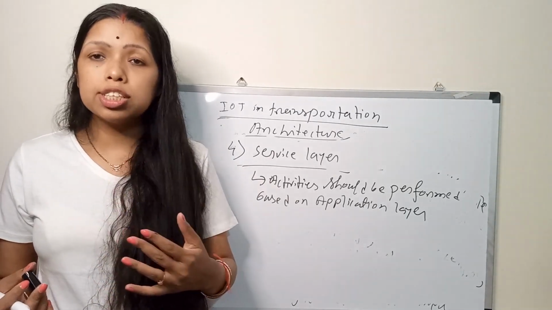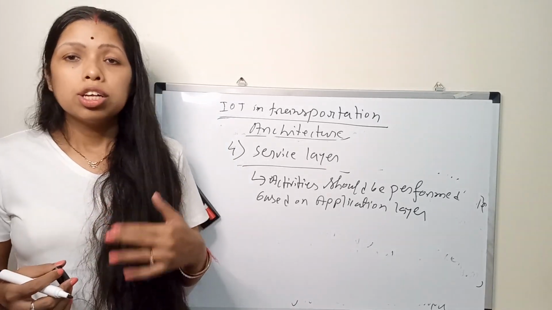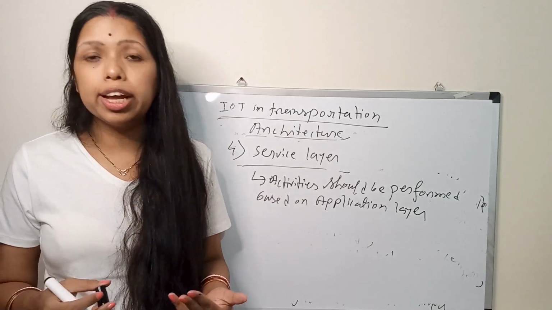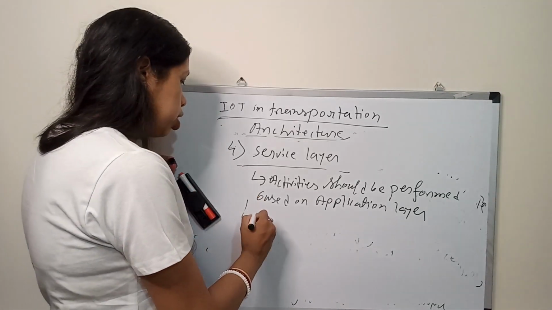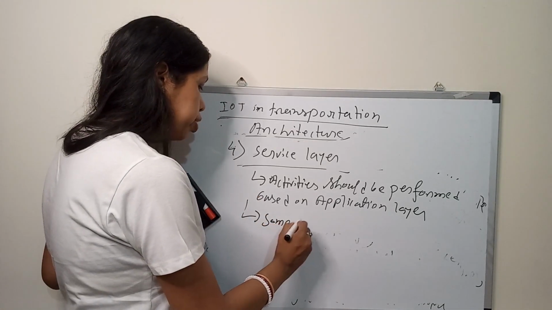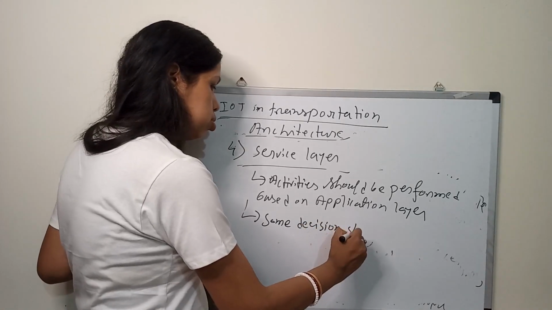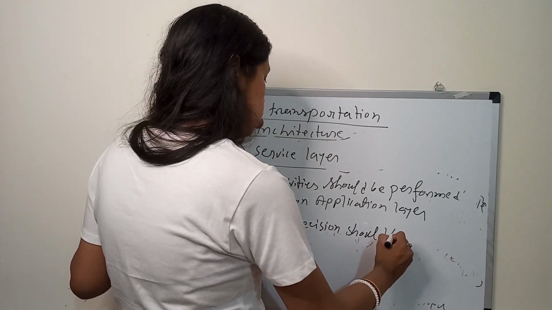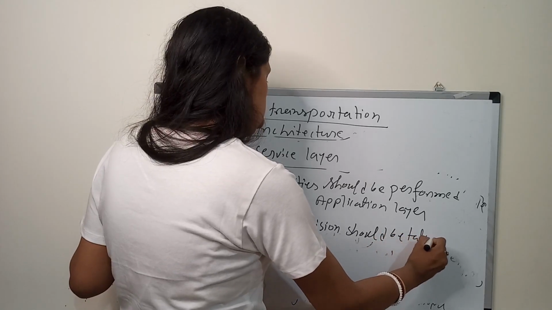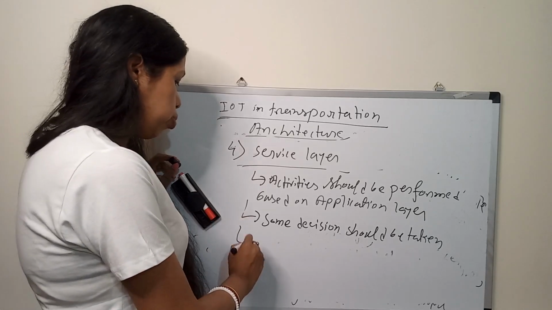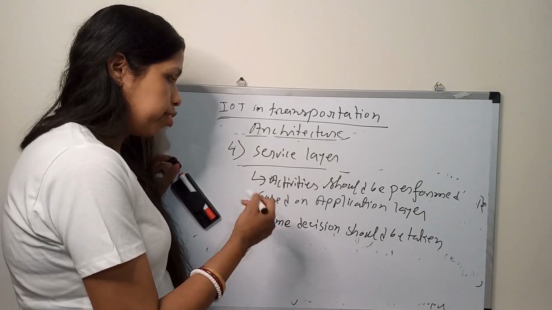So based on this data and this requirement, some activity should be performed, and some decision should be taken. So this is the service layer. What kind of activity should be performed?